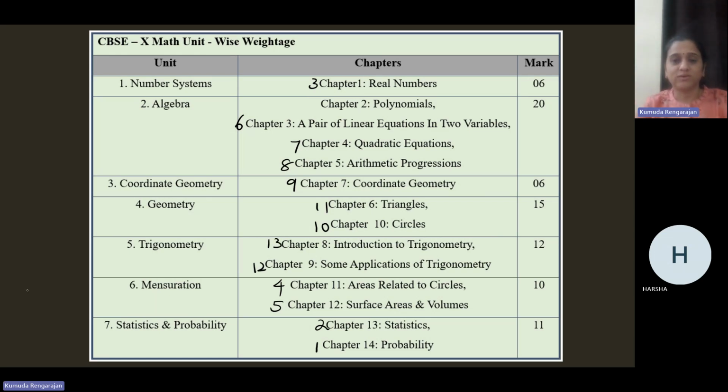Where's 14? Okay, I missed polynomials. So maybe polynomials I can say after real numbers. Let me not spend time on it again. This can be after real numbers.